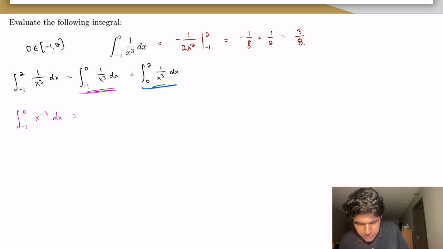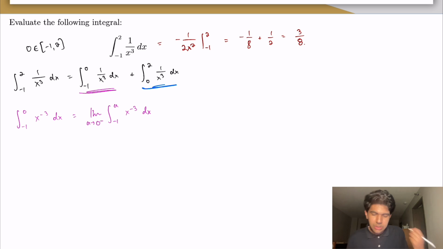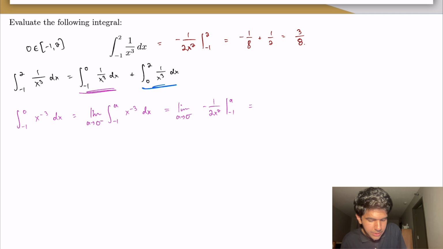So this will be equal to the limit as a approaches 0 from the left, since 0 is our right limit this time, of the integral from -1 to a of x to the -3rd dx. We've already solved for the integral of x to the -3, so we can say that this is equal to the limit as a approaches 0 from the left of -1 over 2x squared, evaluated from a down to -1.